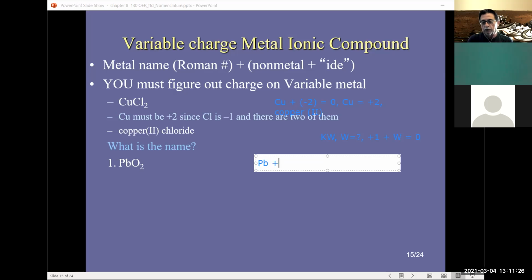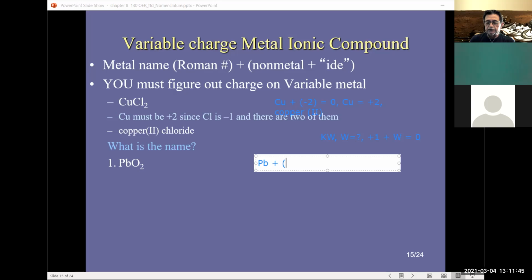So lead is what we're going to calculate. We know that there are 2 oxygens given the formula, and being in group 6, oxygen becomes a -2 when it becomes an ion, and the name changes to oxide.